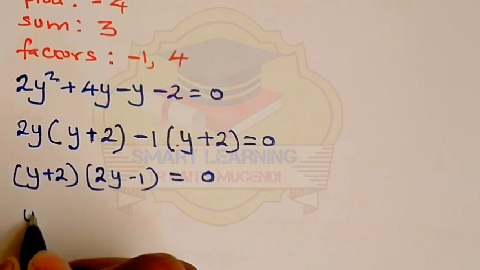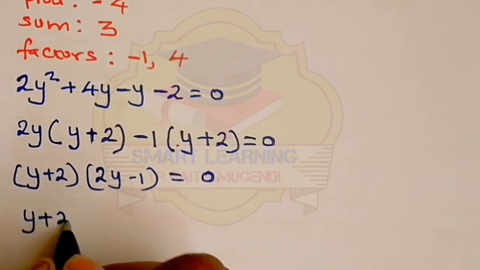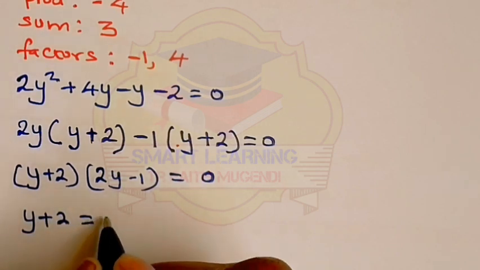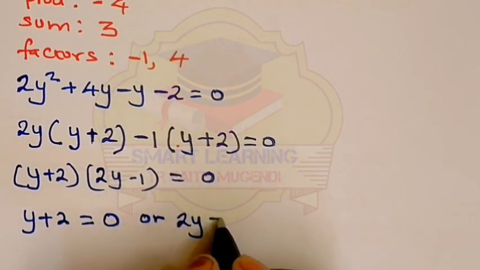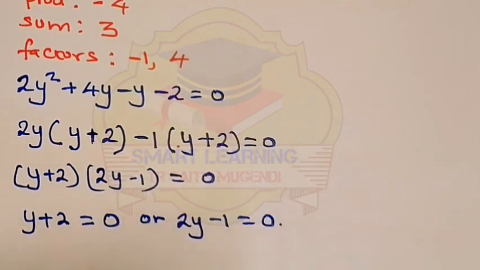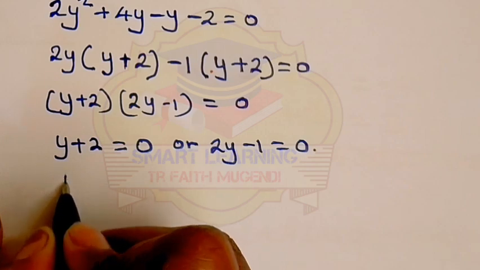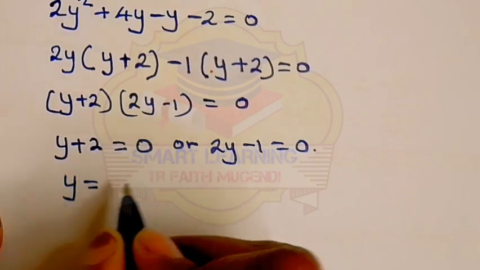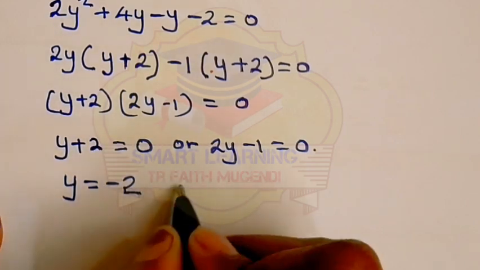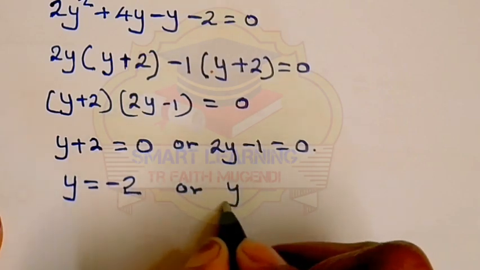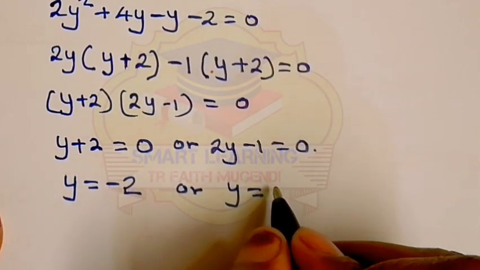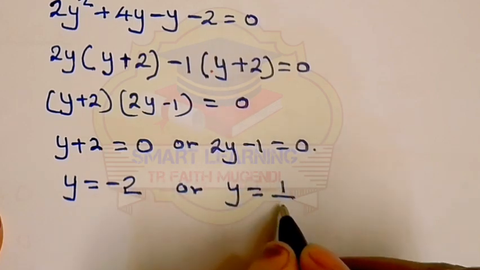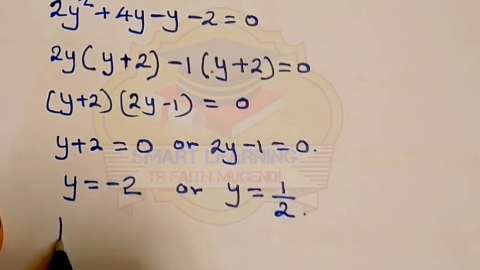So that means that y plus 2 is equivalent to 0, or 2y minus 1 is equivalent to 0. If that is the case, then y is -2, or y here, when you take to the other side, shall be 1, then you divide by 2, half.